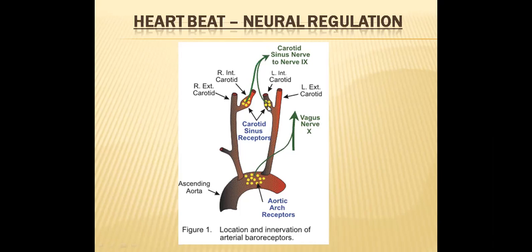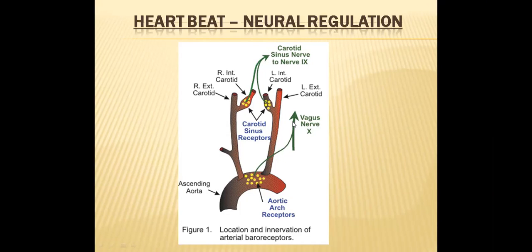Every time, these baroreceptors generate some amount of nerve impulses or action potentials. These action potentials are sent to the brain through the ninth nerve, the glossopharyngeal nerve, the ninth cranial nerve, and through the 10th nerve, the vagus nerve.